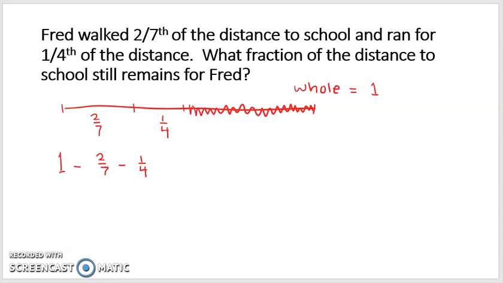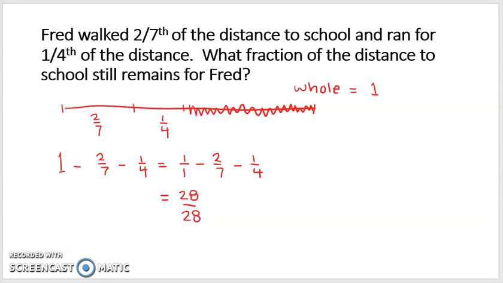I would find a common denominator for all of these. You've got 1 unit, 7 and 4. So 1 you can think of as a fraction as 1/1. The common denominator for 1, 7, and 4 is 28. So this will equal 28/28 when I multiply the top and bottom by 28.